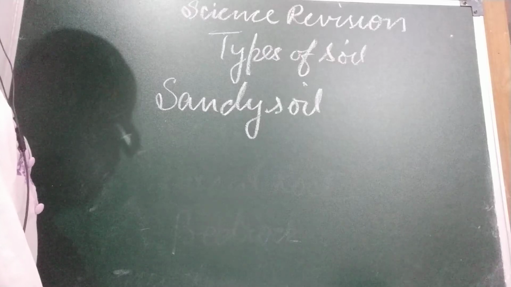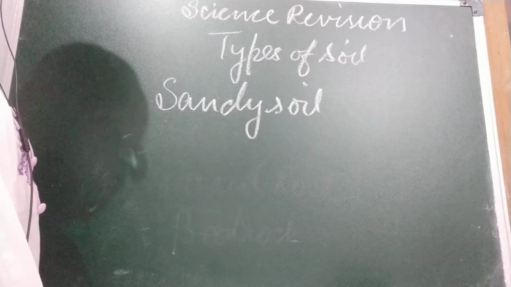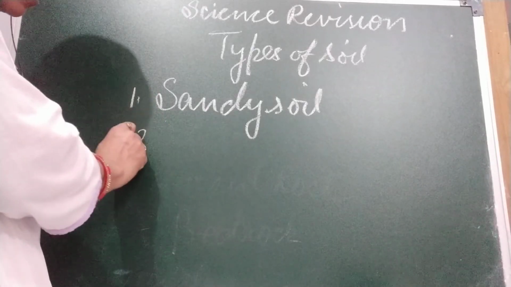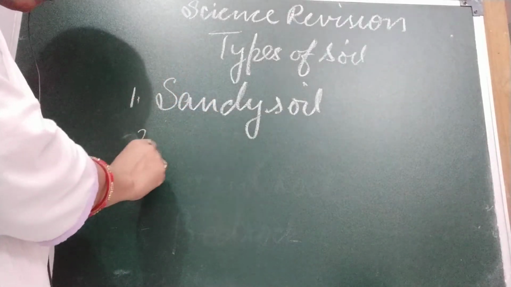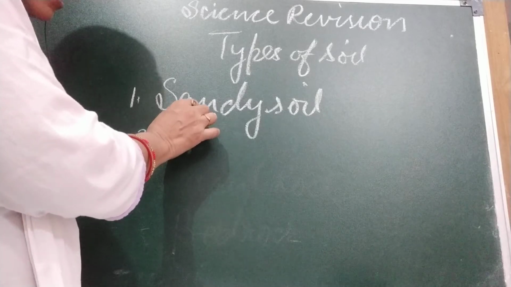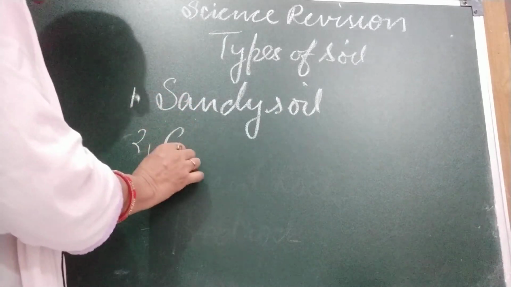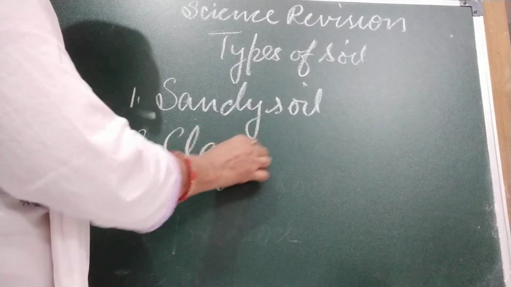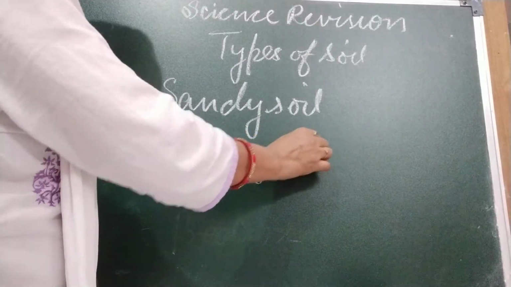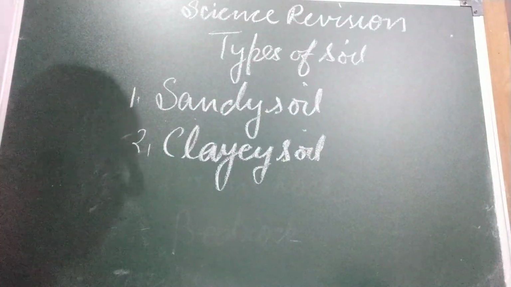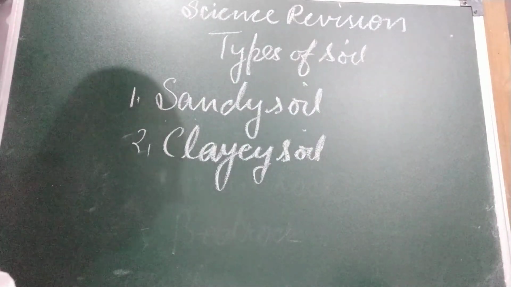It holds more air but less water. It is not very good for plants because it holds less water but more air. Second is clayey soil. The particles are very fine. It holds more water but cannot hold air, so this is also not very good soil.